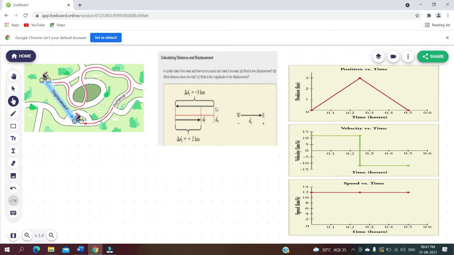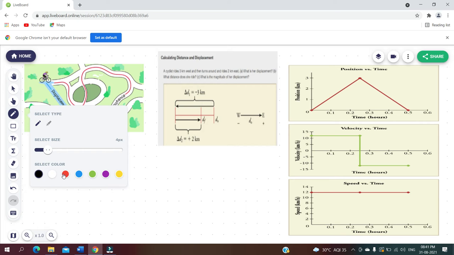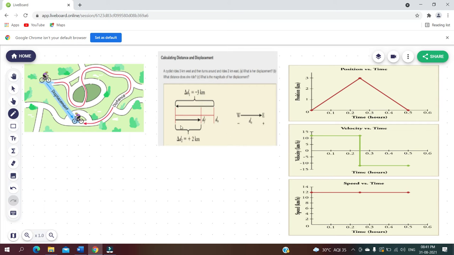So here, suppose I take this point as O. This is the initial position of the cyclist.